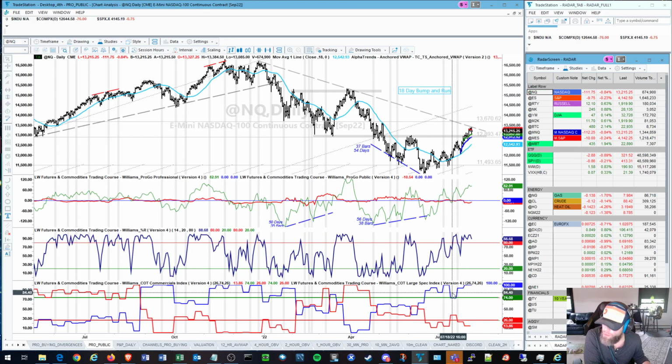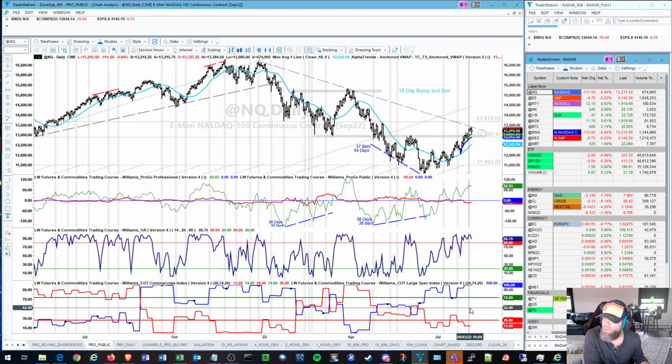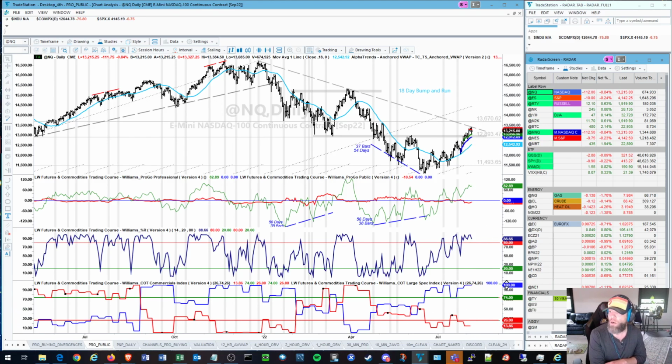So who's driving the market? 26-week index. Large speculators are in the blue here. They look like they're driving the market, and lo and behold, our commercial interest for the NASDAQ are on the sell side, heavily on the net short positions. Commercial interest always looks like they're on the wrong side of the trade.